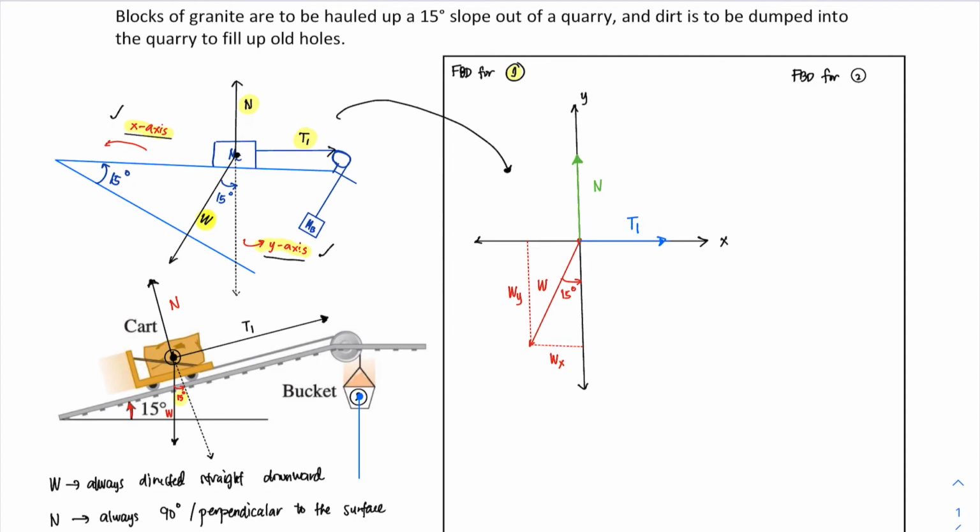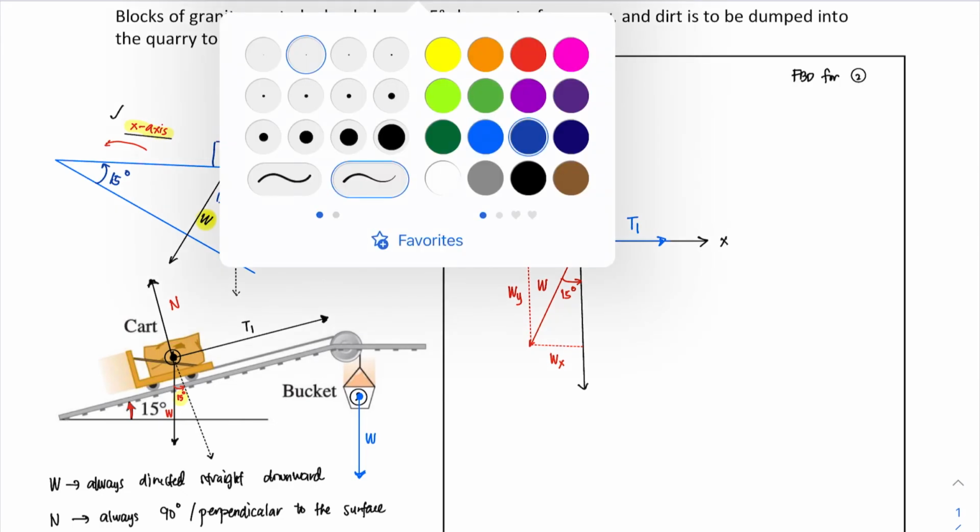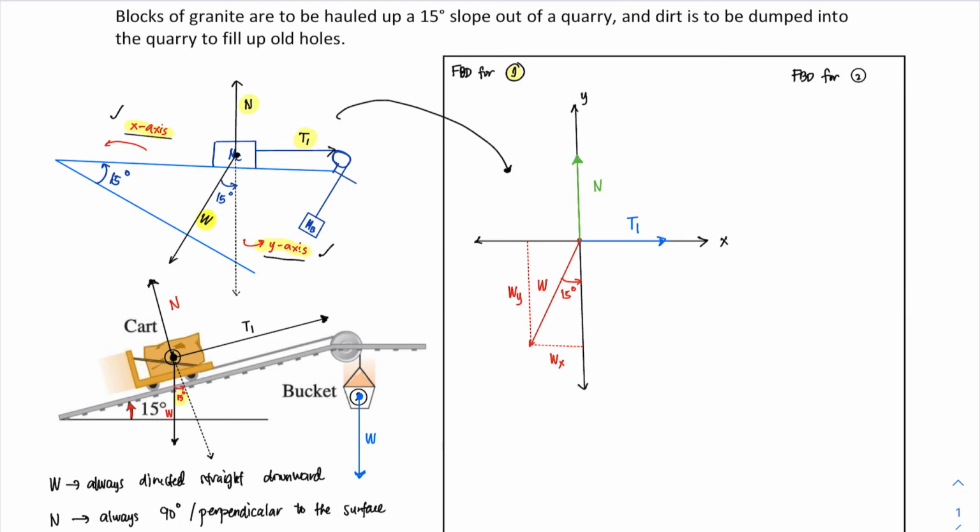It goes downward. What force is that? That is your weight. Now take note, your bucket is connected with the same string as your cart. So, there should be a tension force. Now, the question is, where is the direction of the tension?